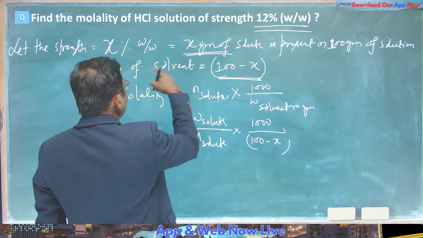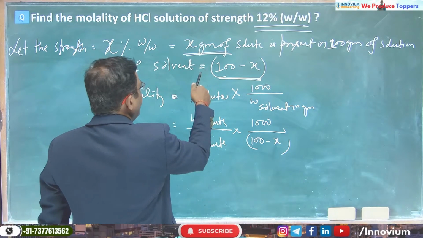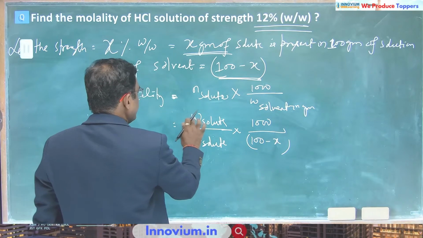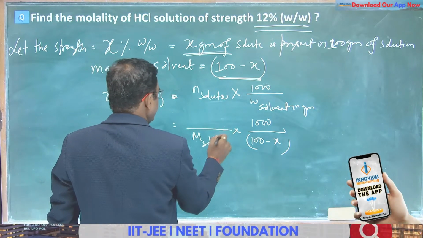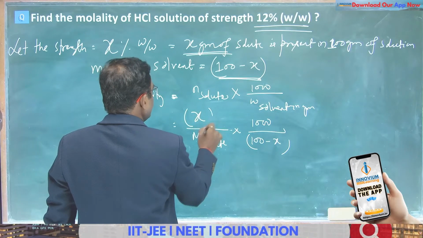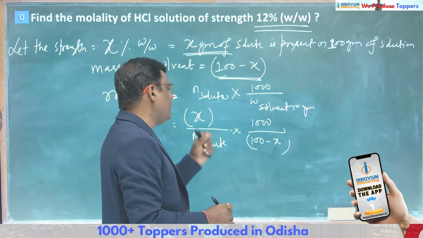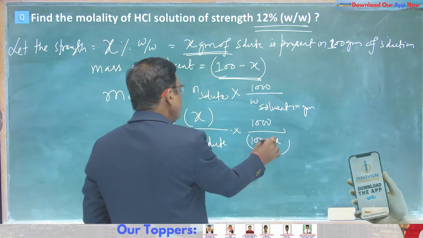And the mass of solute here is x, correct? So that also we can put here. So this is x, the mass of solute. Mass of solute by molar mass of solute gives the number of moles of solute, multiplied by 1000 by mass of solvent, 100 minus x.